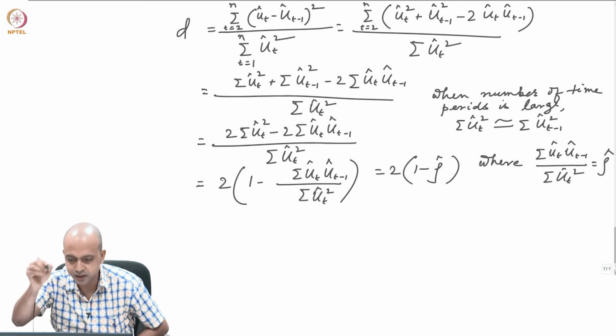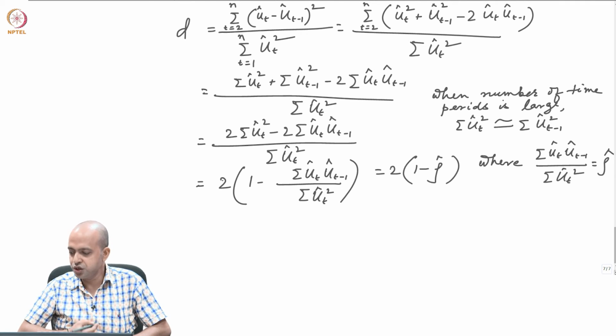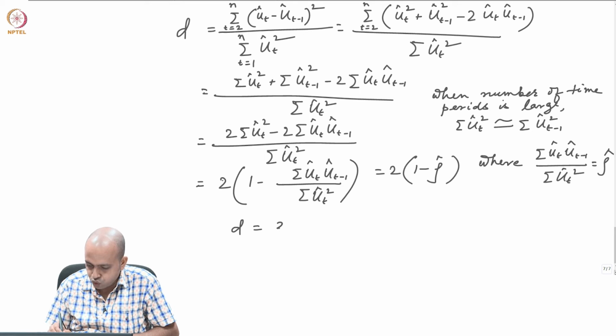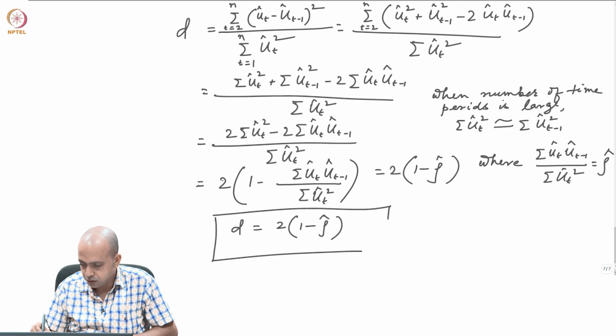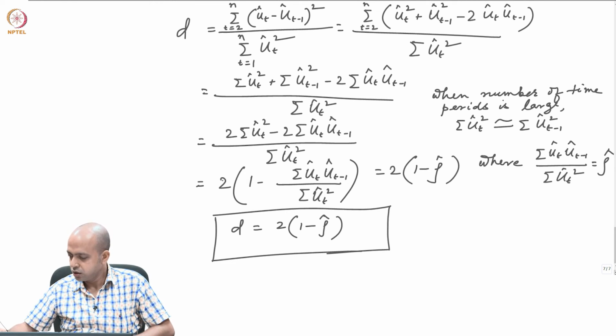So, this rho hat is actually the first order autocorrelation coefficient, that is how we are defining it. Okay. So, that means we can say basically d equals 2 into 1 minus rho hat. This is an important relationship: d equals 2 into 1 minus rho hat.